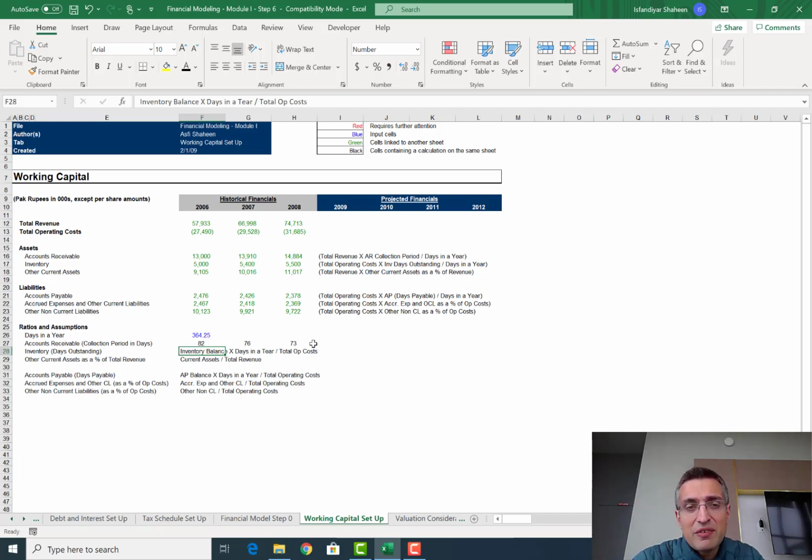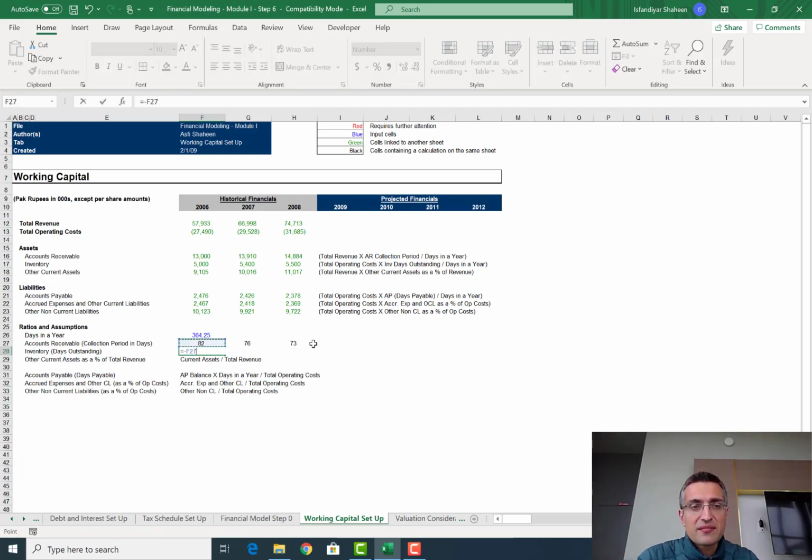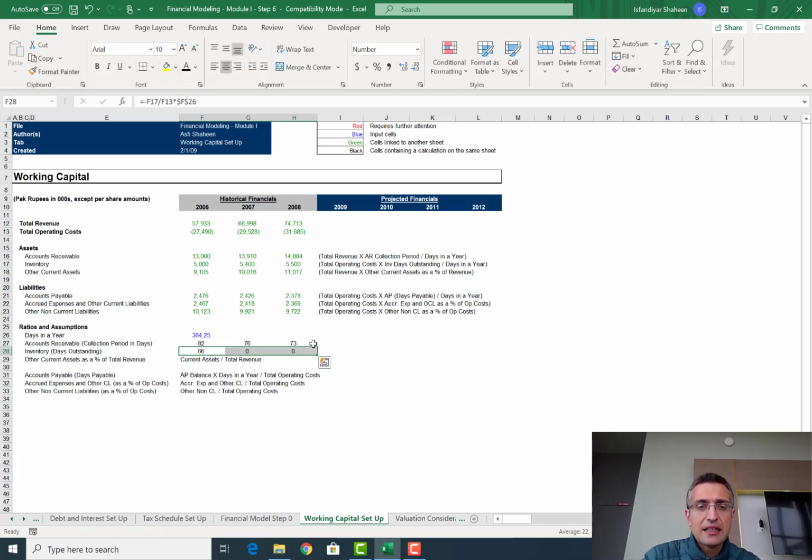The inventory is going to be tied to operating costs, but again, we're going to represent that as days, because taking an assumption on days is easier as opposed to percentages.